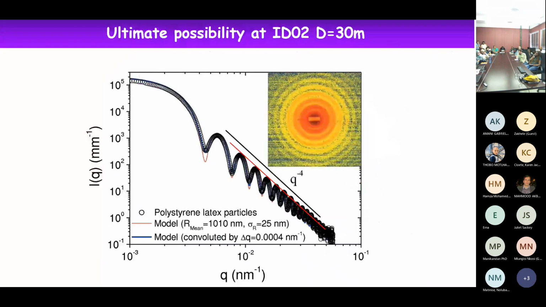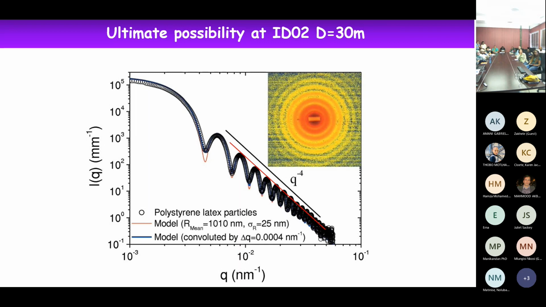Okay. And if you do experiments, for instance, on polystyrene latex particles, this is the 2D detector. This is the radial averaging of the data set. And you can see that, well, you see beautiful fringes. Okay.